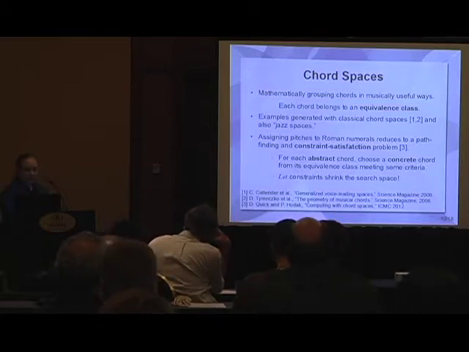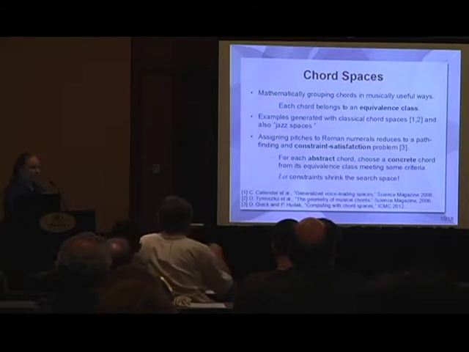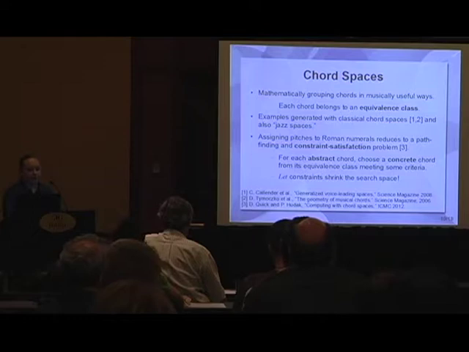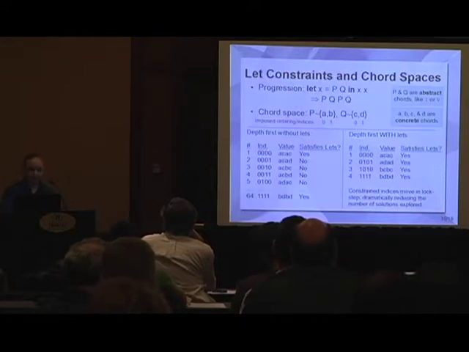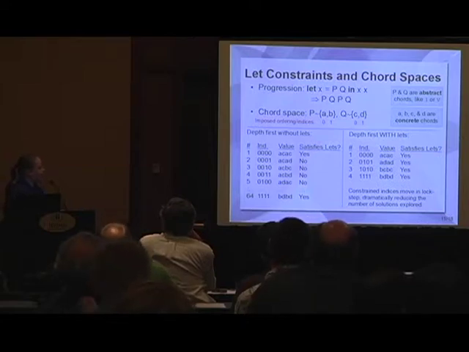So, what this does is it turns part of the musical interpretation problem into a pathfinding and constraint satisfaction problem, which is neat, and the let expressions actually make that a little bit easier, and here's how. So let's think about this expression, let x equal pq in xx. P and q are some Roman numerals, doesn't matter which one. And if we were to evaluate that, we would end up with pq, pq.